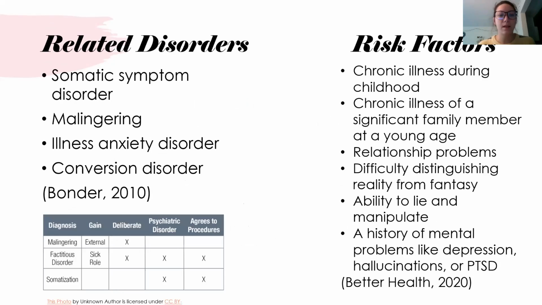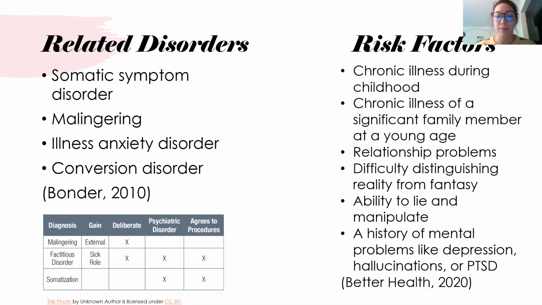Related disorders: there's somatic symptom disorder, malingering, illness anxiety disorder, and conversion disorder. These are all somatic disorders. I also have this little chart here. I thought it was interesting between these 3 different kinds of somatic disorders.